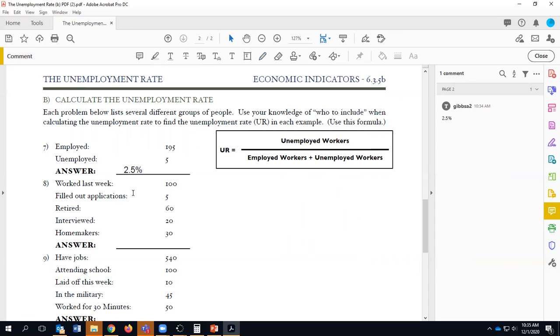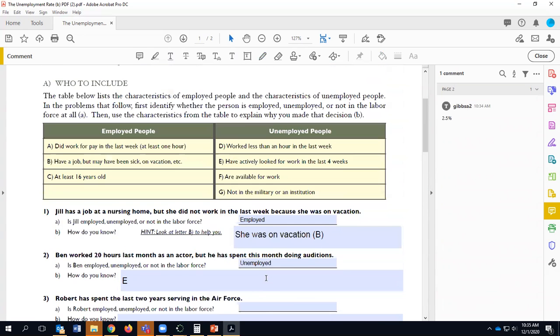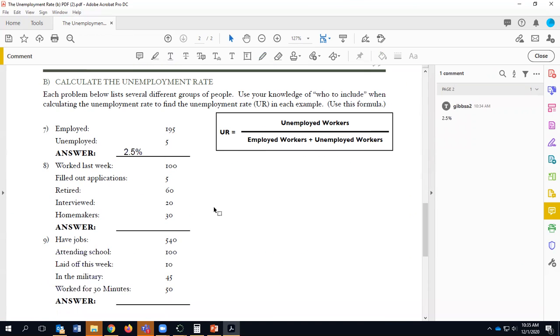So unemployed workers for letter 8. So remember, unemployed, so look back here to tell you if they've worked less than an hour, they're actively looking, are available for work, and not in the military or an institution. So number 8, who are we counting? If they worked last week, they're employed. If they filled out applications, they're unemployed.